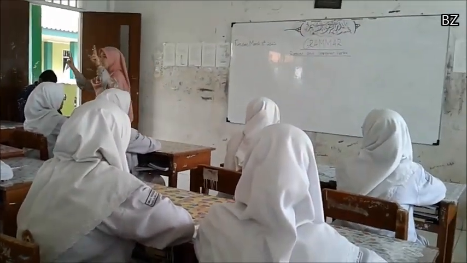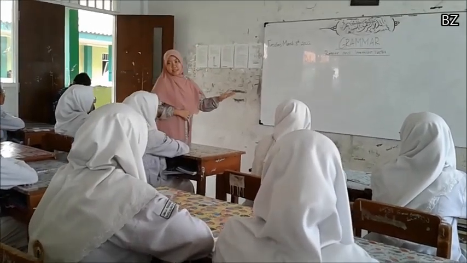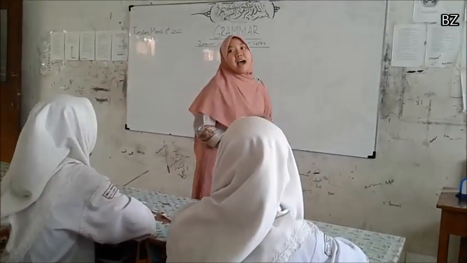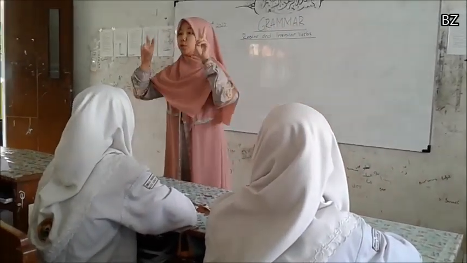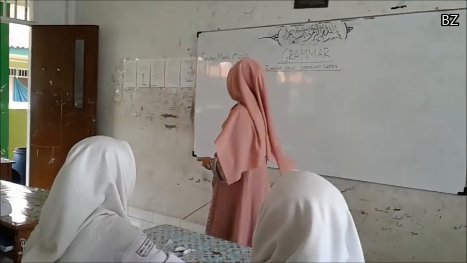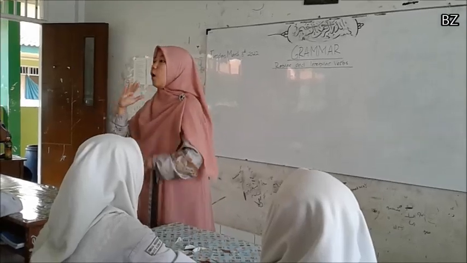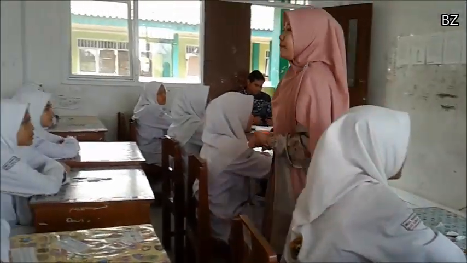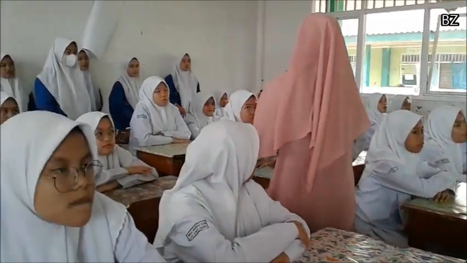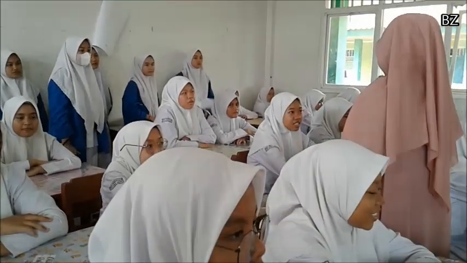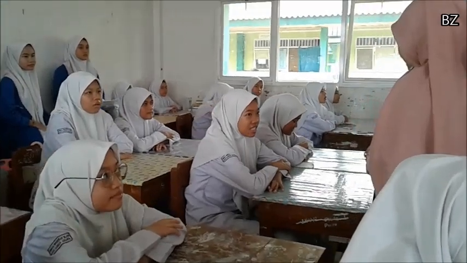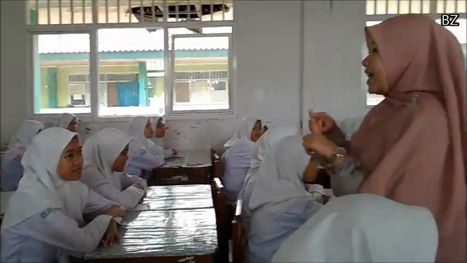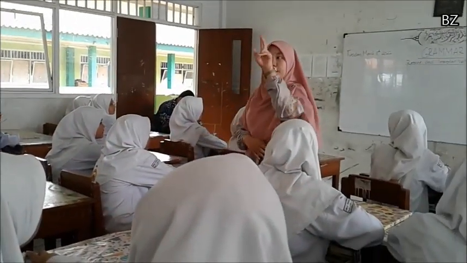When we want to use verb 2 and verb 3 of regular verbs, we add ed or d at the back of verb 1. I repeat once more. Have you understood? Yes. Alright, what's the formula of regular verbs? The formula of regular verbs is adding ed or d at the back of verb 1.